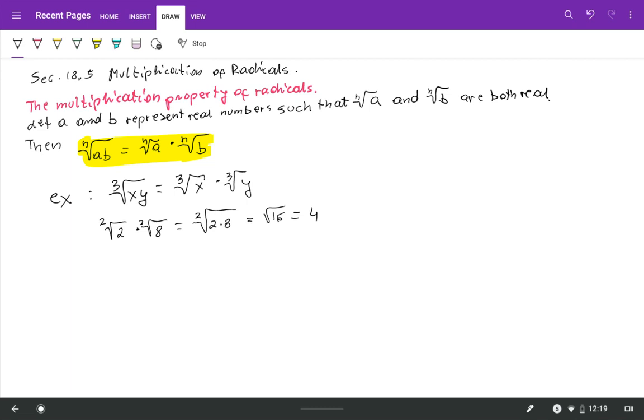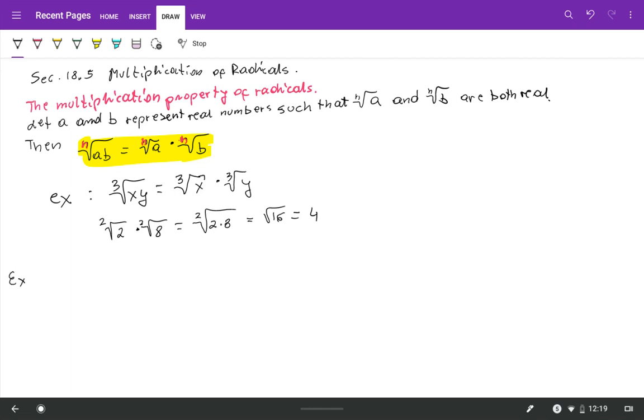Okay, so this is the multiplication rule. Again, in order to use the multiplication rule, make sure that the index of the radicals is the same. So it has to be the same index. Okay, so let's solve some of the problems.